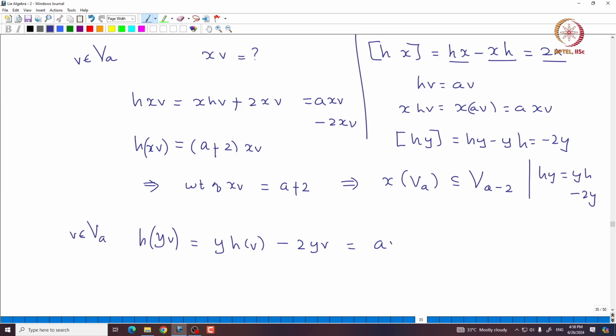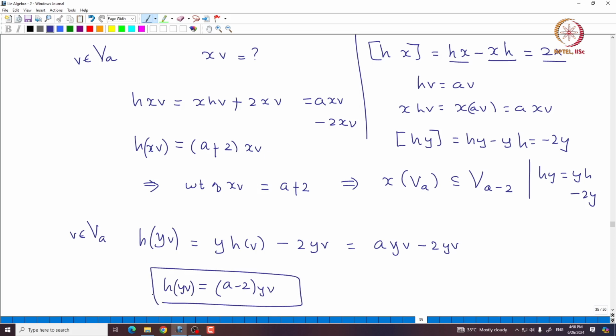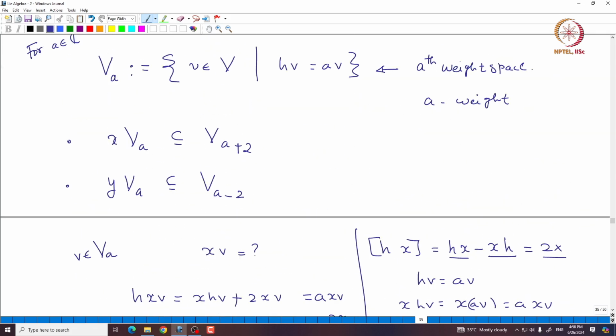So, this is going to be A y v minus 2 y v, which gives us (A minus 2) y v. So, basically, if the H eigenvalue is A, then x actually increases that A to A plus 2, and y actually decreases that to A minus 2.